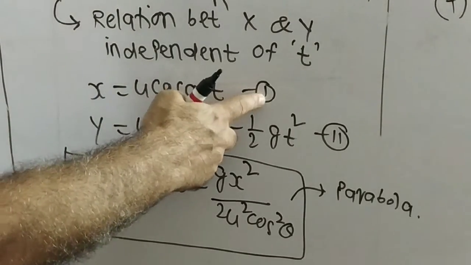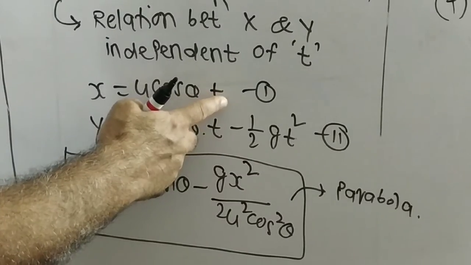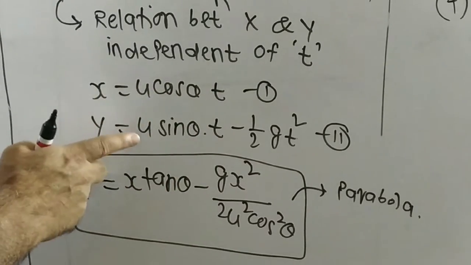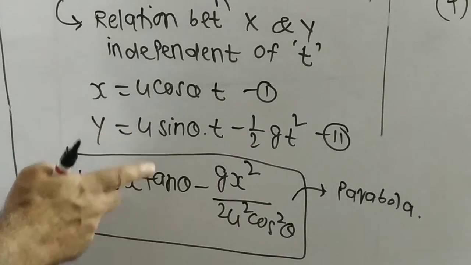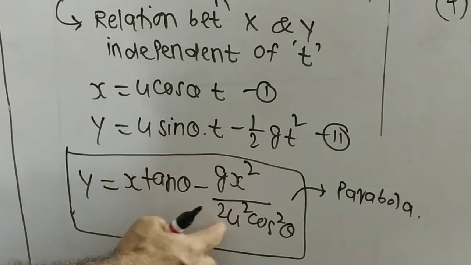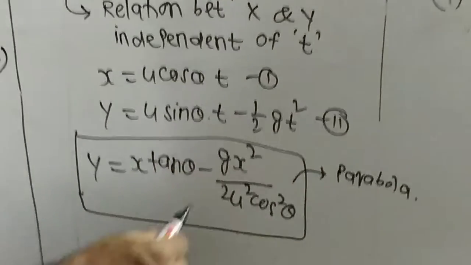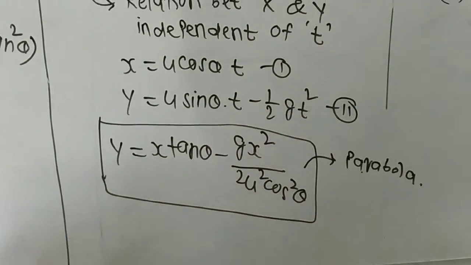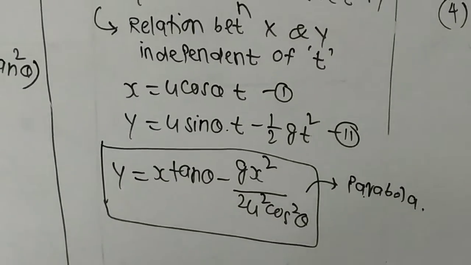So from equation 1, time can be calculated, and this time will be x by u cos theta. Now put this time in equation number 2, you will get y is equal to x tan theta minus g x square by 2 u square cos square theta. And this equation happens to be a parabola. That's why projectile motion is sometimes called parabolic motion.